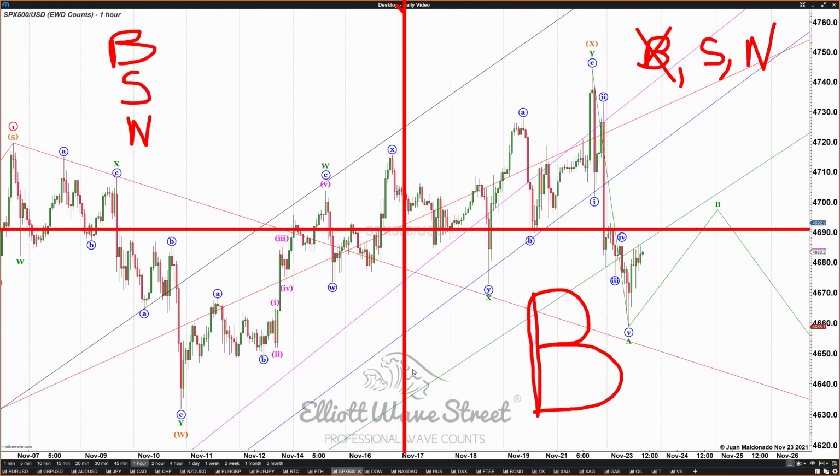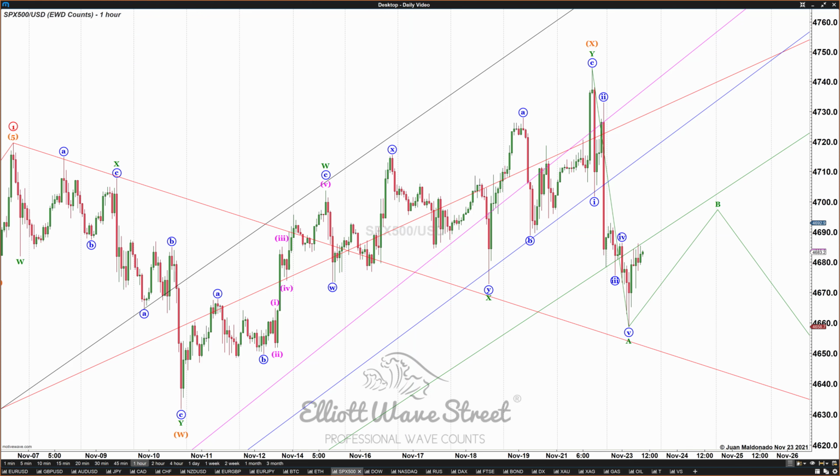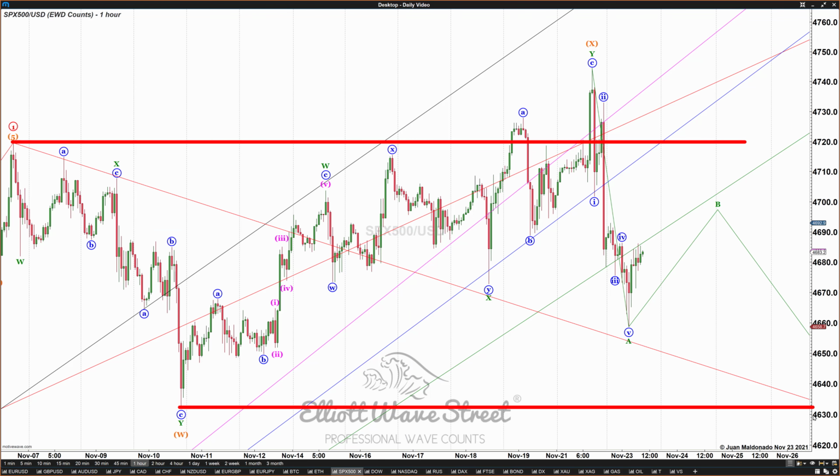And the next step here on the S&P is that if we have this consolidation, the price needs to move back to this area. So I'm expecting to have the price doing this 3-wave sequence, right?